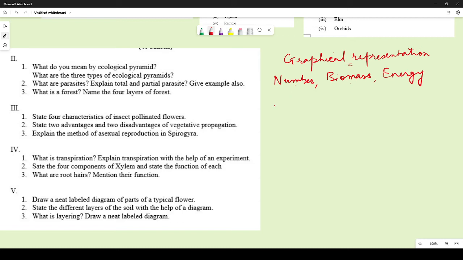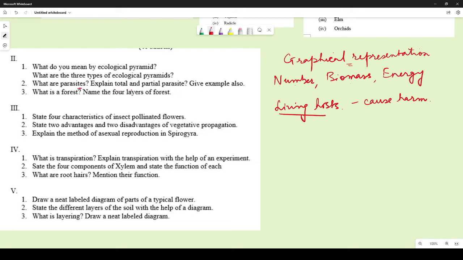Now, what are parasites? Parasites are organisms that derive their nutrition from living hosts, right? Unlike saprophytes, which derive their nutrition from dead and decaying organisms, parasites derive their nutrition from living hosts and cause harm to them. Now, there would be total and partial parasites.